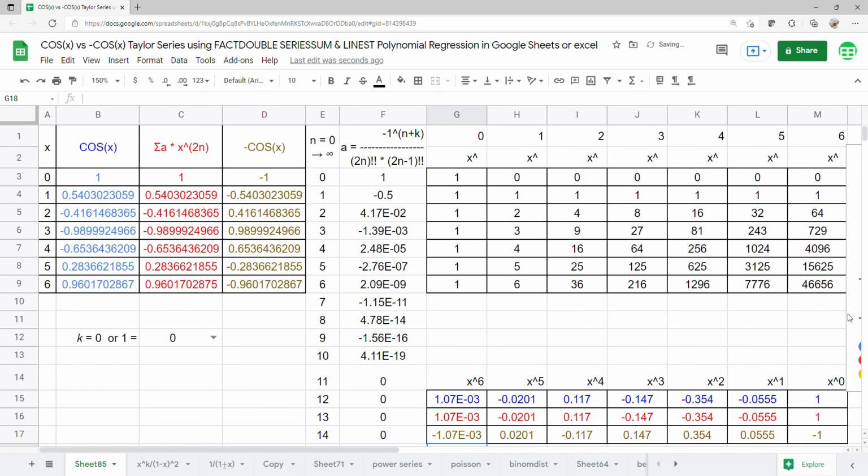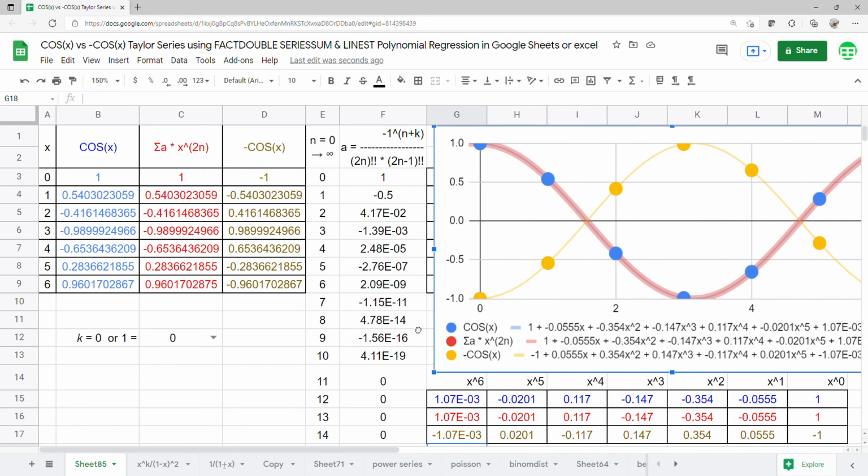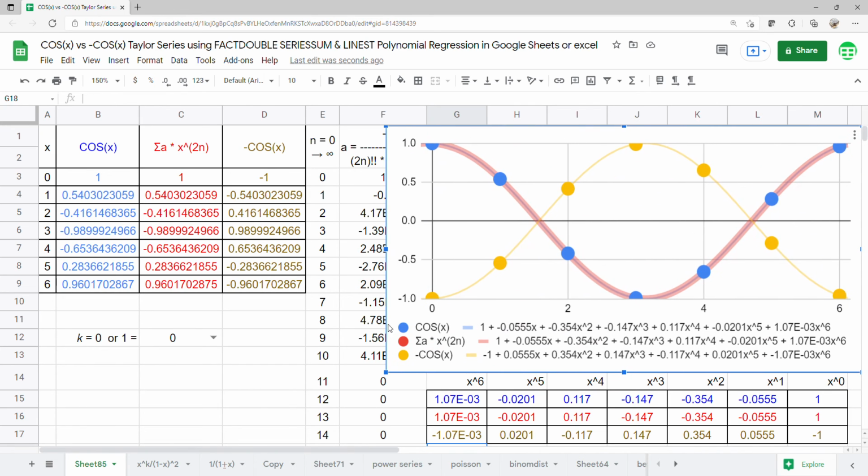And compare the polynomial coefficients with the chart. So starting with x to the 0, 1, 1, minus 1. For coefficient of x, minus 0.0555, plus 0.0555. X squared, minus 0.354, positive 0.354.